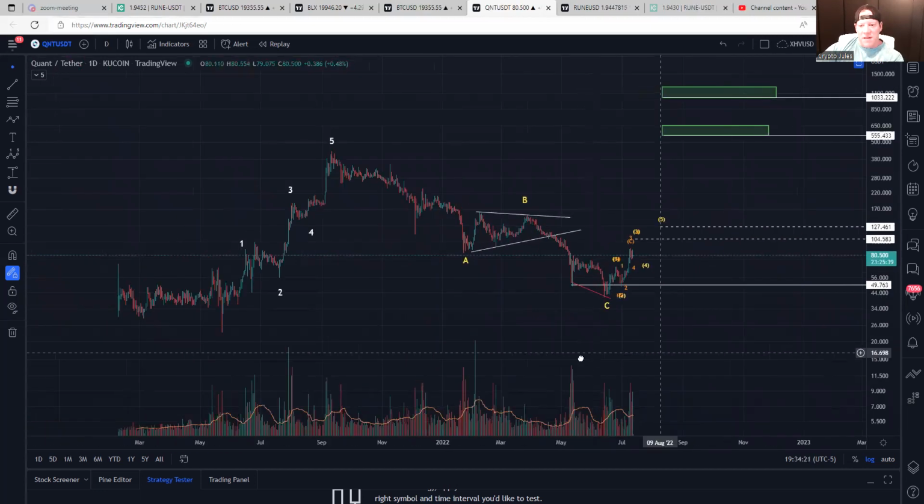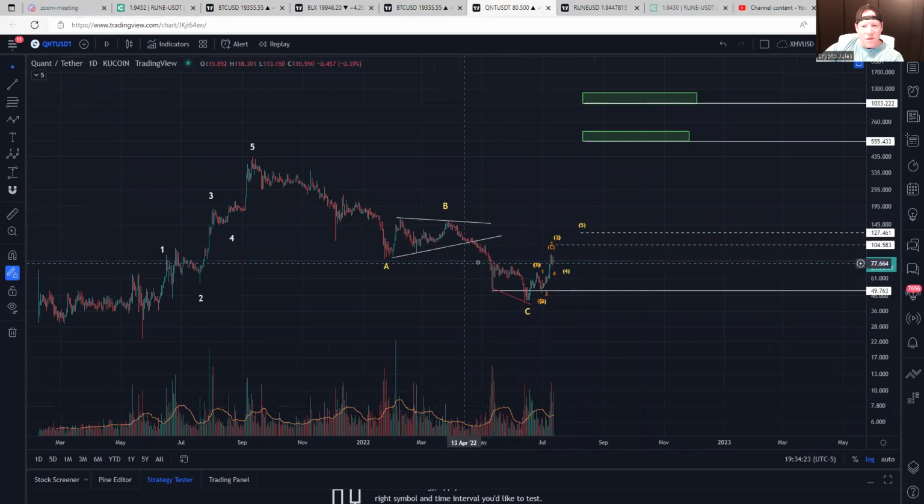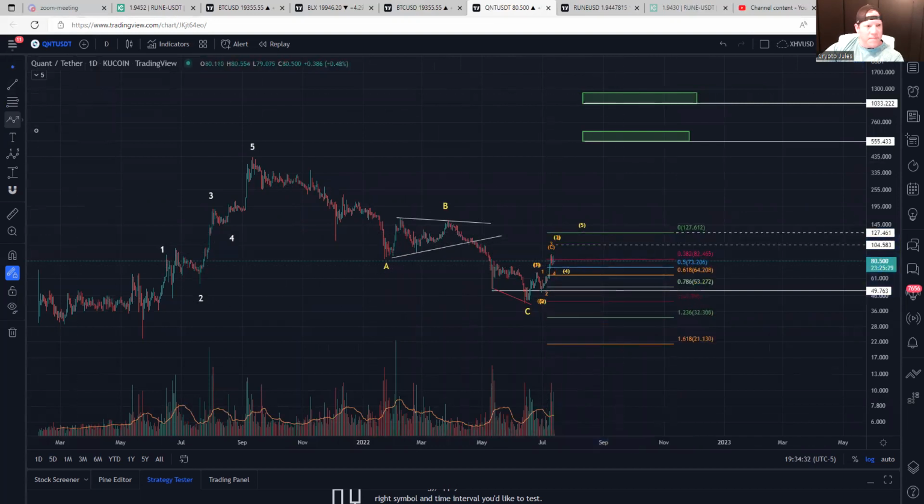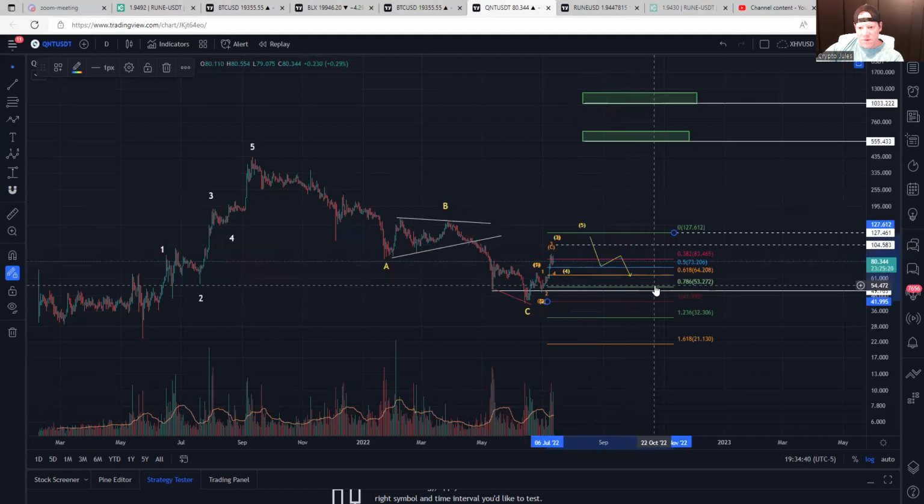If we do end up getting this 5-wave off the low here through $127, we would end up having a larger A, B, C down to anywhere from 53 to 64.